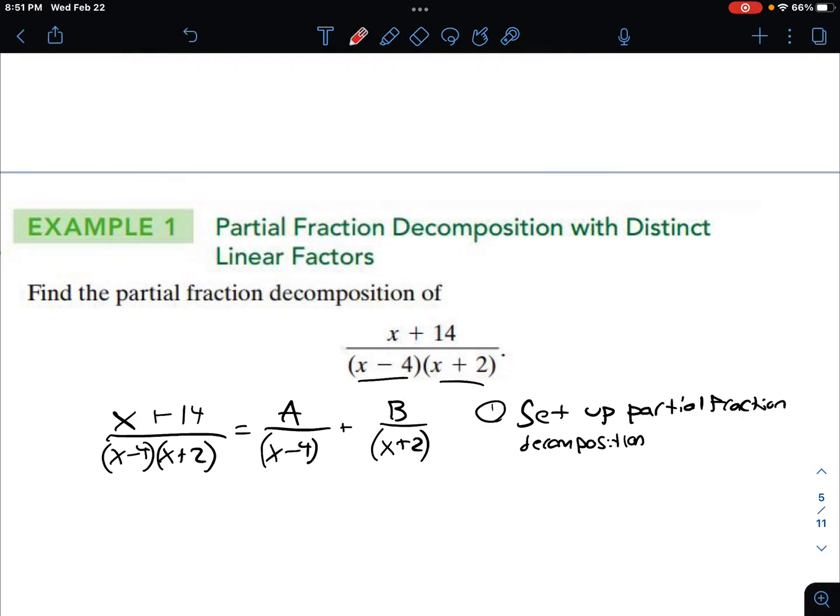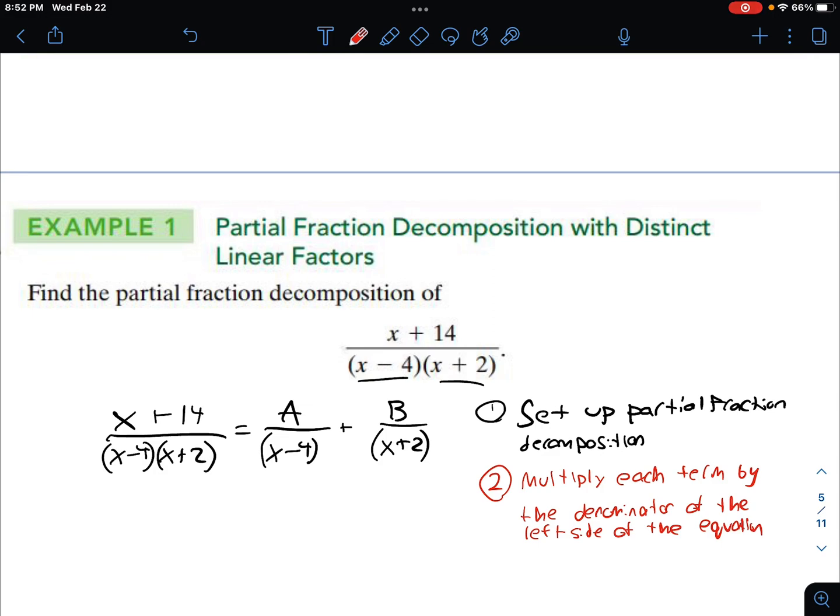This is where we go into the next part. We're going to multiply every term by the denominator of the left-hand side of the equation.